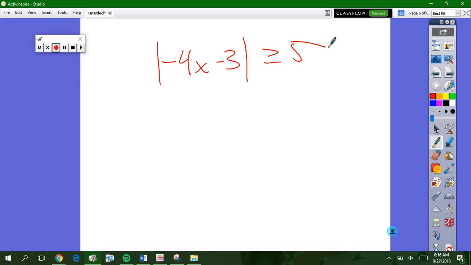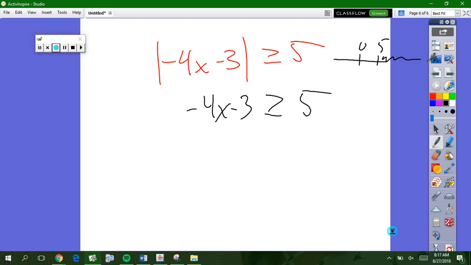We're saying, all right, we have negative 4x minus 3 is greater than or equal to 5, because that's saying we want a distance greater than 5, right? Makes sense? Once again, little scale for you. Here's 5. Those are numbers greater than 5 on that side, right? We also want things at negative 5. So we want things on that side of it.